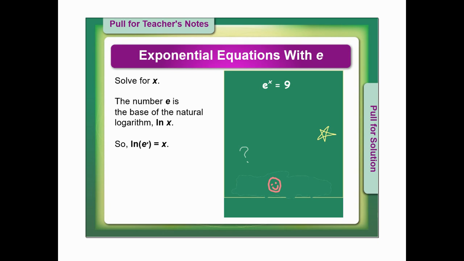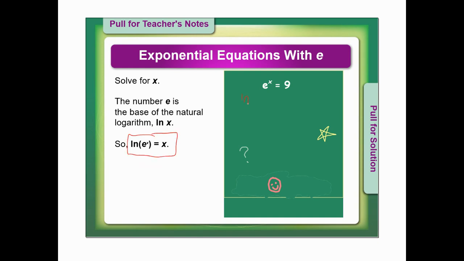All right, as I promised, we're going to take a look at things with your natural base. Your natural base of e, we know that to be 2.718. If we take a look at this, in order to solve this, instead of using a common log, we want to make sure we use our natural log, remembering that the natural log of e to the x equals x as one of our properties.